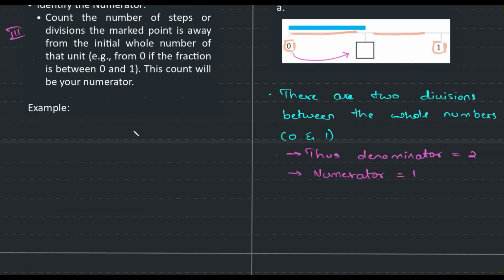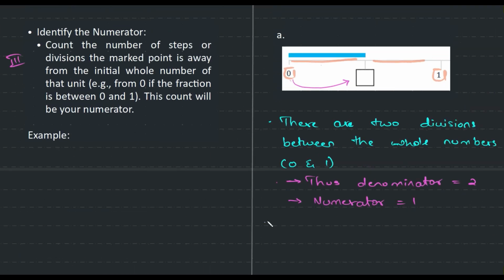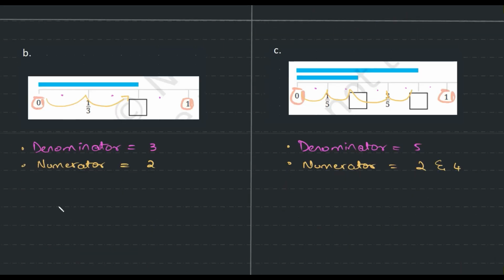And now let's combine the numerator and denominator. So the fraction over here will be equal to numerator by denominator. Agree? So that will be a fraction. Here the fraction is 2 by 3.